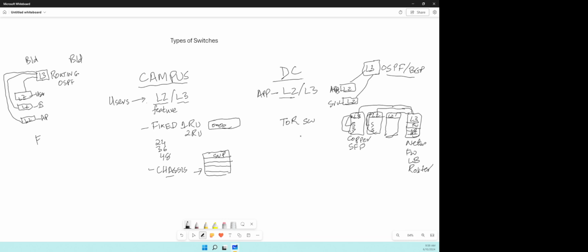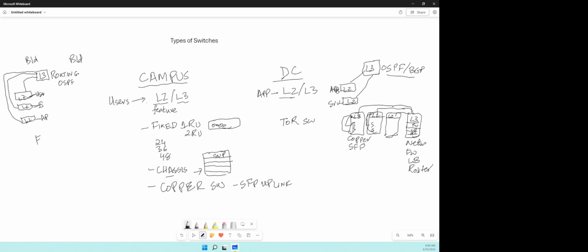The other thing that you got to take into account when you're choosing a switch, depending where it is, most of the time in campus you will have copper switches with SFP based uplinks. So these ports here are all copper connecting to the user, right?